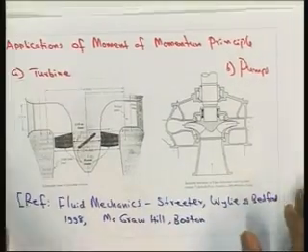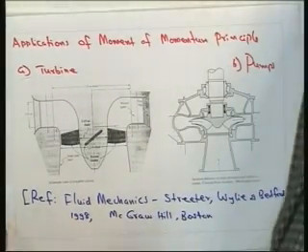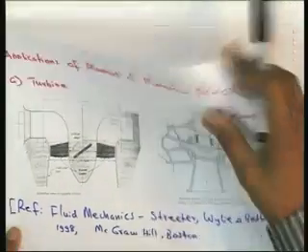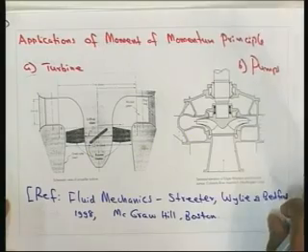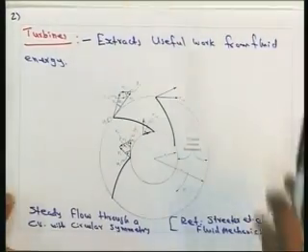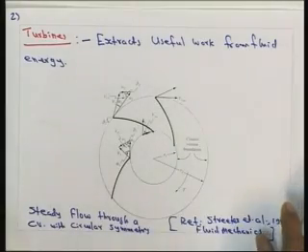So now let us consider the case of a turbine as shown in this figure. As we have seen in the earlier figure, these are all rotating mechanisms. Let us see how this moment of momentum principle can be utilized.